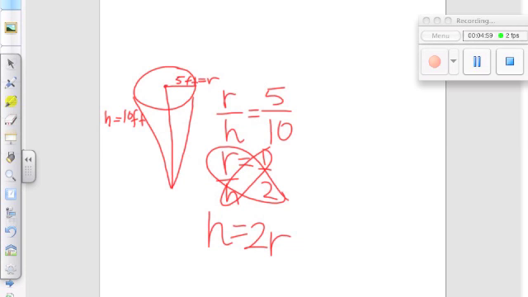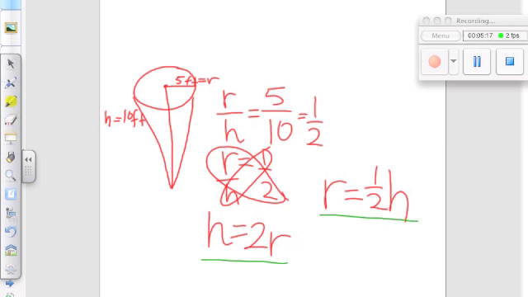I could also say that r is equal to 1/2 h, right? Isn't this equal to 1/2? So if I wanted to, I can move that over. Now the hard part is, do I use the h or do I use the r? So I'm going to go back to our problem.